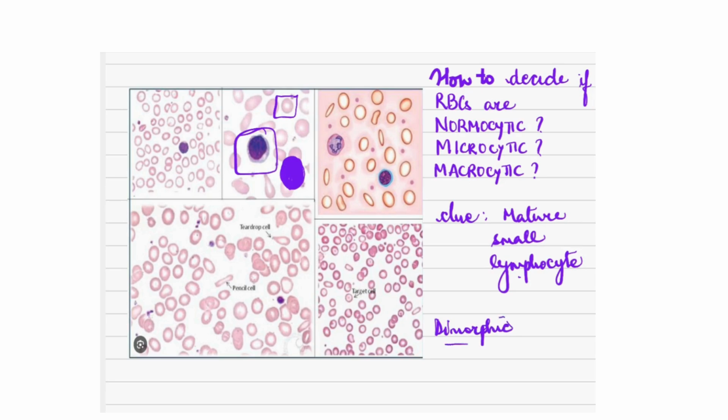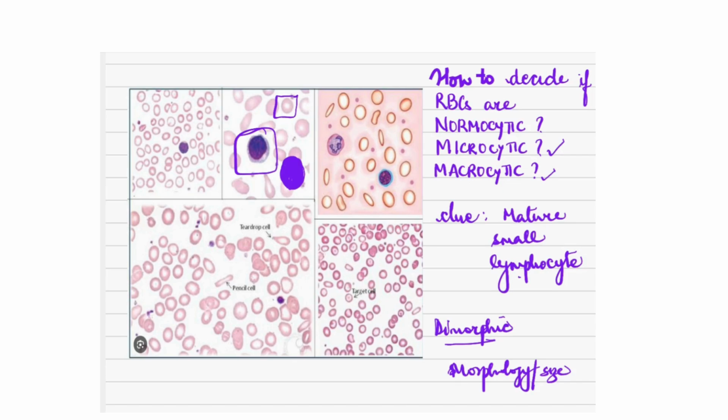Morph is morphology, shape and size. So dimorphic means, di means dual, two types of morphology you can see. One is microcytic and another is macrocytic, and that's why you call that dimorphic anemia.